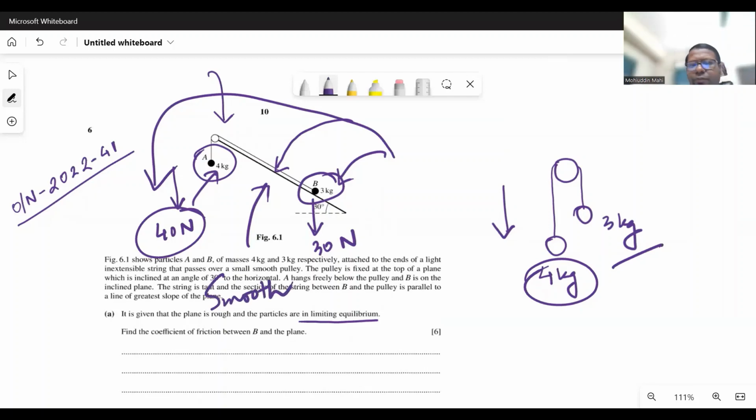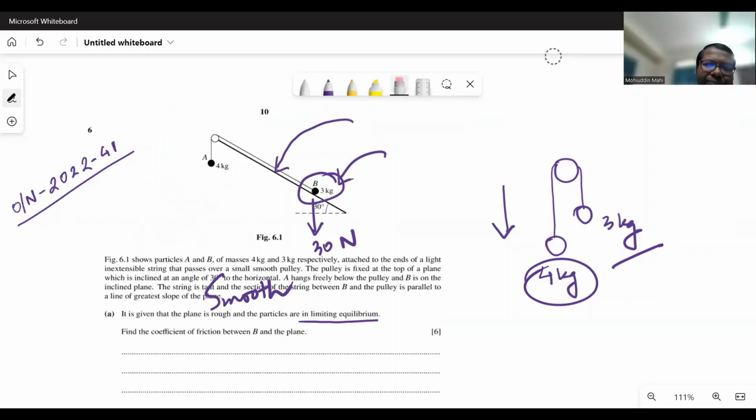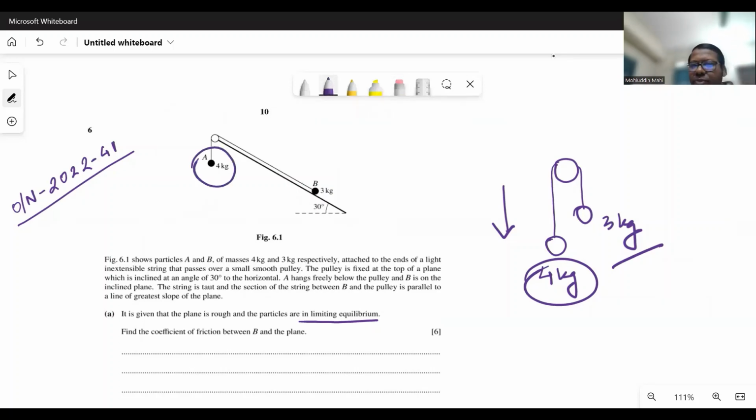But the surface is not smooth. In the question, it says that the surface is rough and the object is in limiting equilibrium. Now think about it. That means the 4 kg object will try to move the 3 kg object in this direction, but the system is not moving. Why? There is friction.